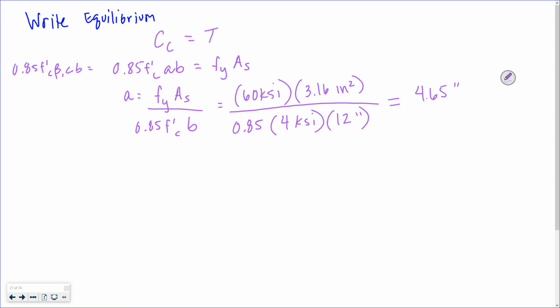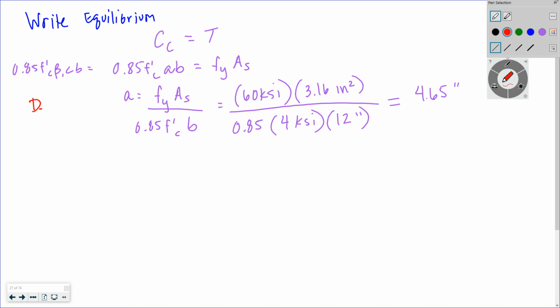Right, we took our parabolic stress block and made it a nice little rectangle with a magnitude of 0.85 F prime C and a height of A, which we just calculated as 4.65 inches. This is the depth of my stress block.